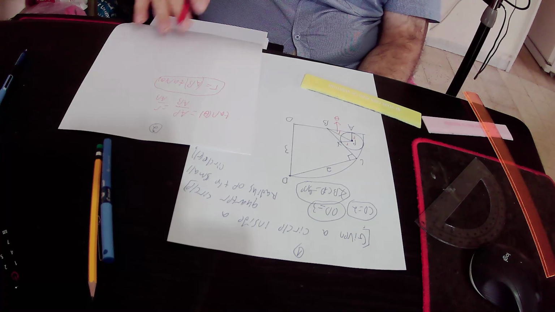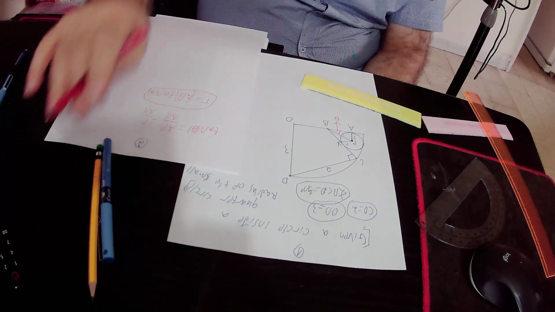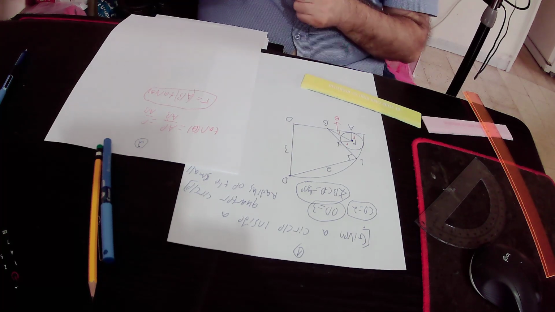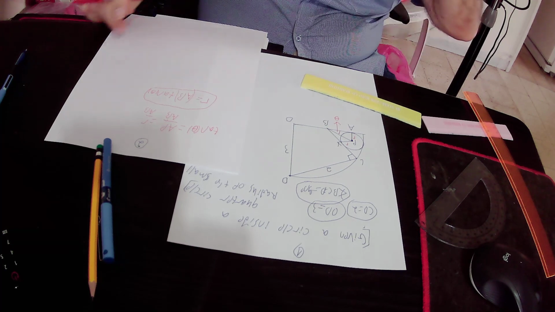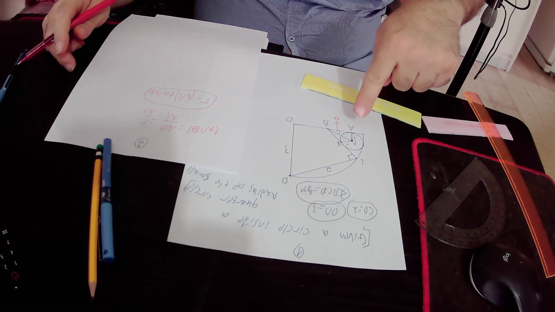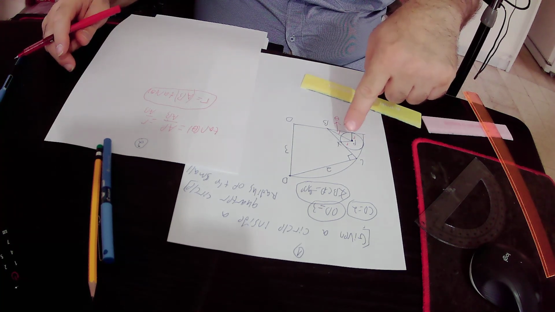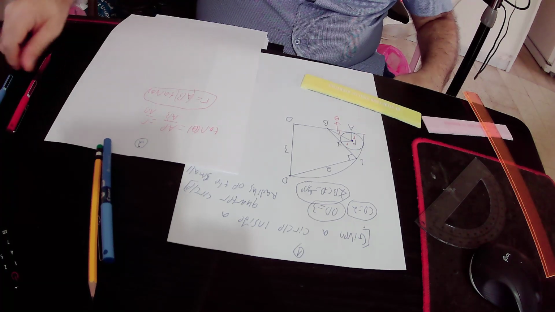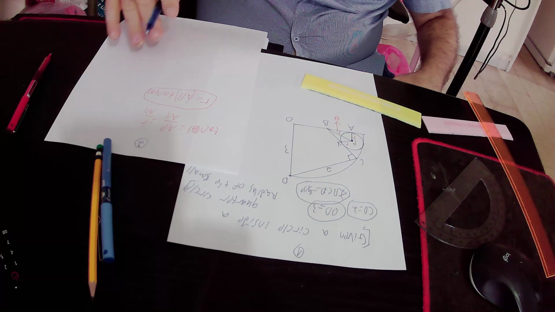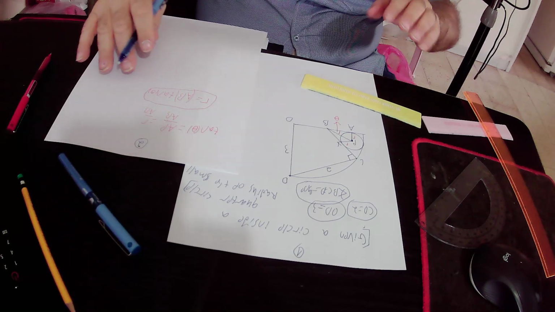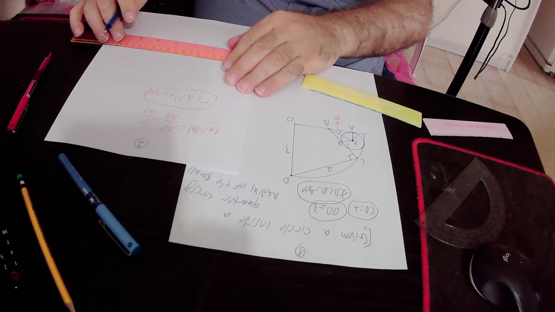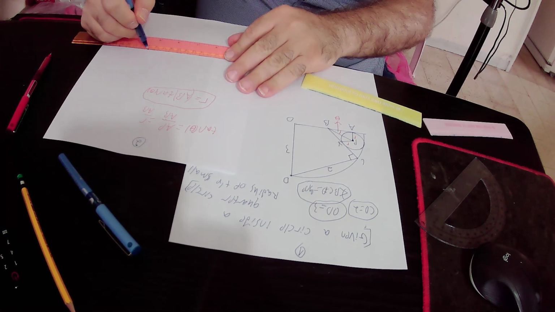so in the next step we will focus on two triangles, triangle ABP and triangle BPX. I will draw these two triangles again. So here we will have triangle ABP.